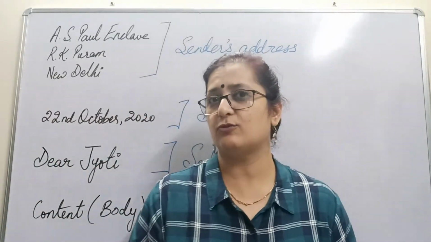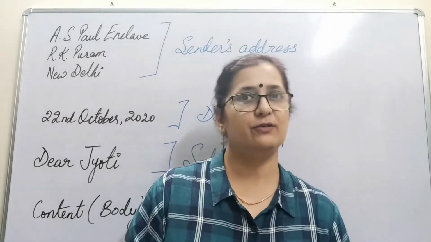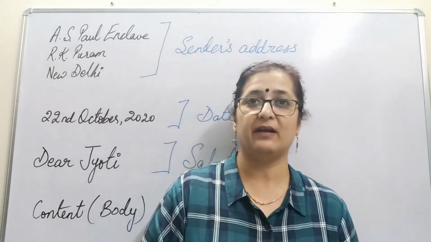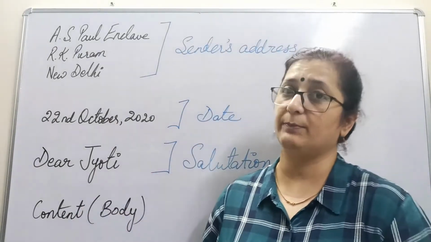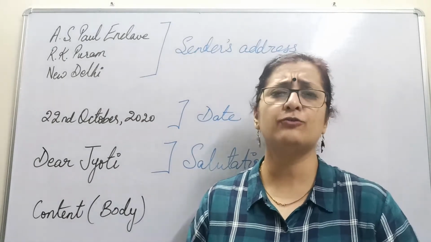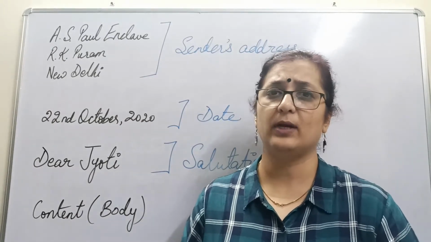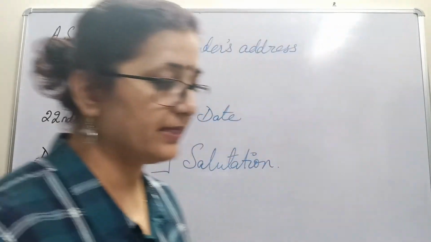You can extend that to at least 5 paragraphs if you feel like. If you have a lot of matter to write, you can always add more paragraphs. But a minimum of 3 paragraphs is compulsory for the letter. To write a proper one, you have to have at least 3 of those paragraphs.